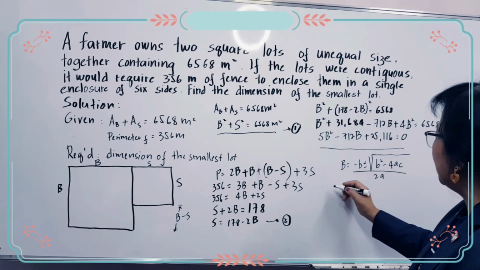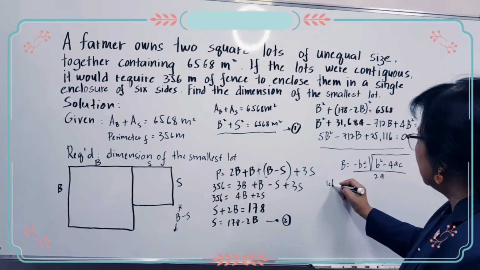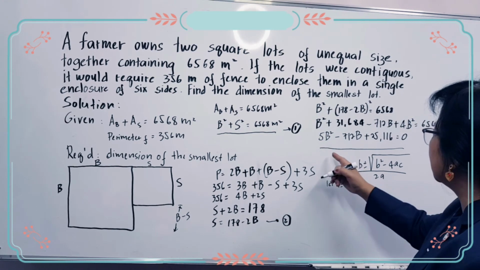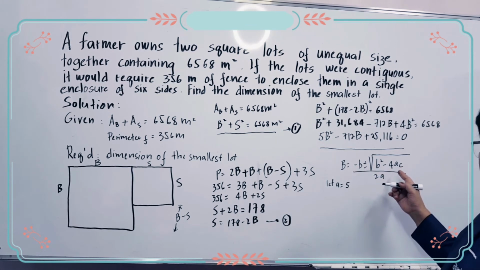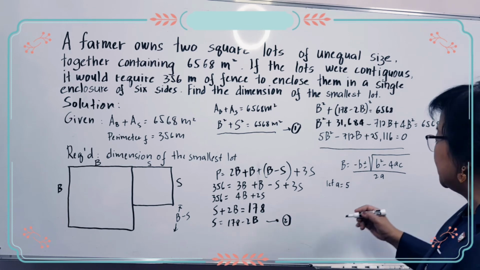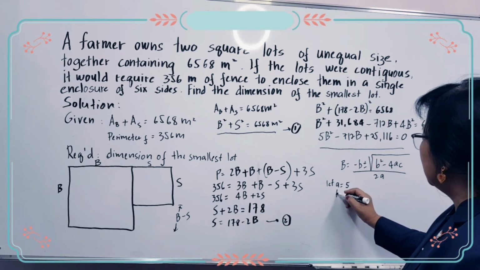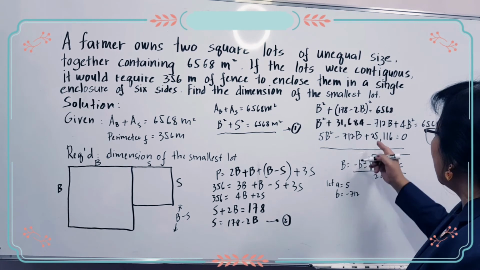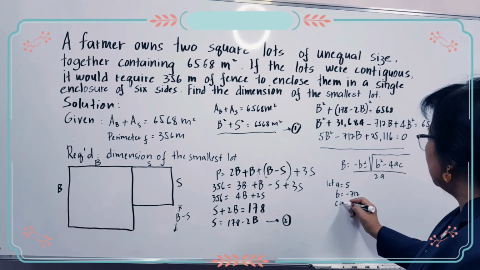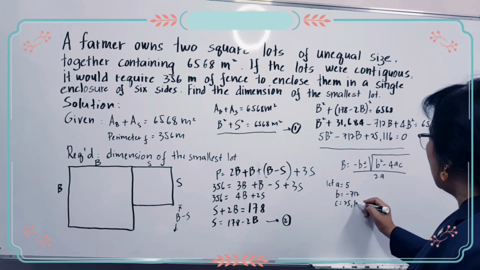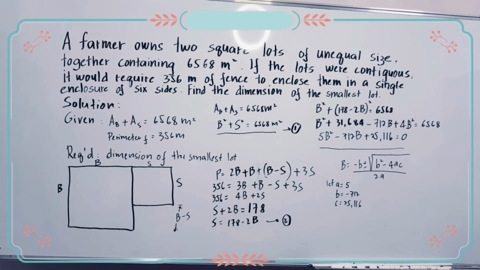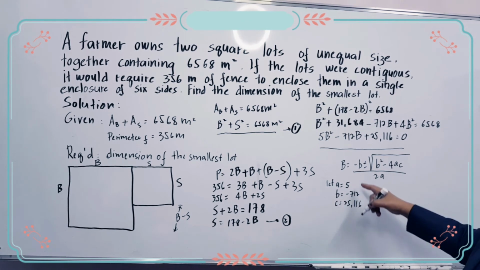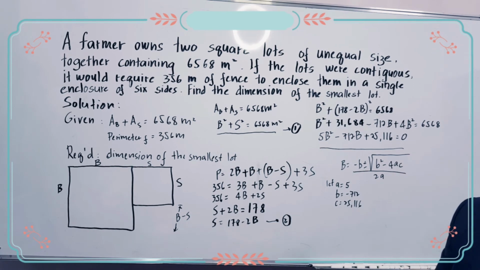From this equation, a is equal to 5. These are constants, numbers. And then b is equal to minus 712, and c is equal to 25,116. When we assign these values, we can substitute them to the quadratic formula.